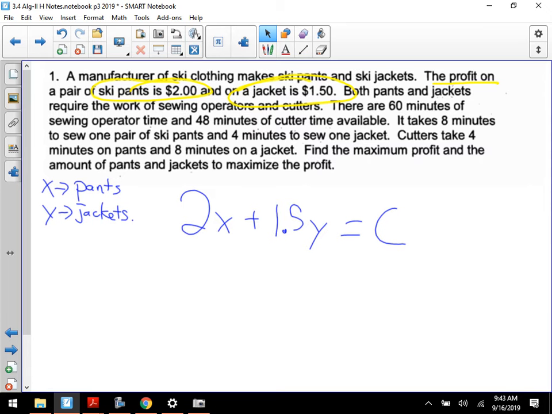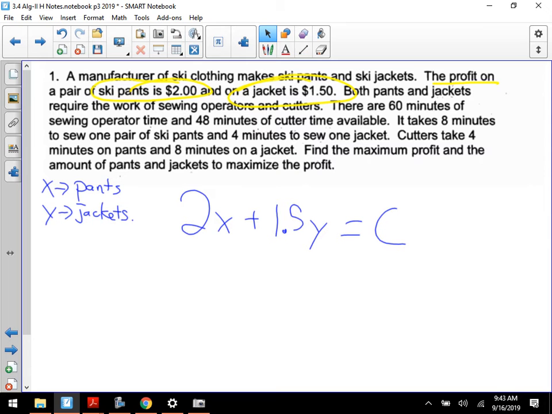Doesn't the text order put it this way? It's C equals. I usually write it this way because I know that I'm going to get a profit value at the end. So 2 times this plus $1.50 times this will equal a profit. But it doesn't matter either way, because of the property of equality: 3 equals x and x equals 3 mean the same thing.